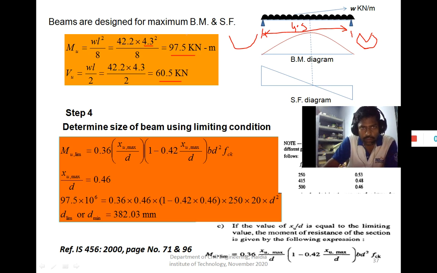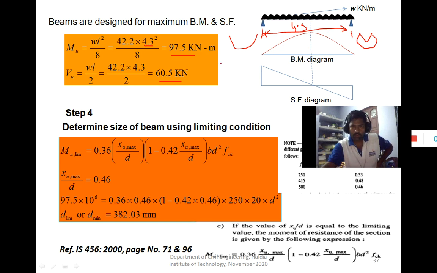Now the beams are designed for maximum bending moment and shear forces. Why? Suppose the section we have considered is 250 into 500. If this section resists the maximum bending moment, and generally uniform sections are used, then the other points are also automatically safe.